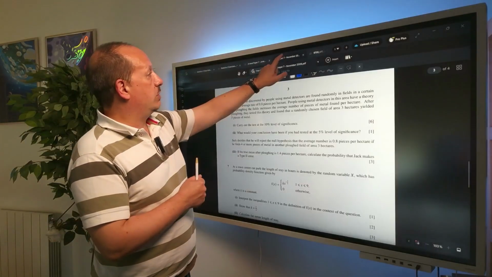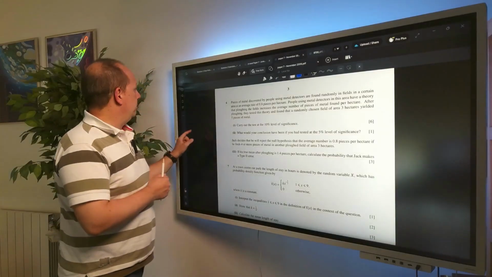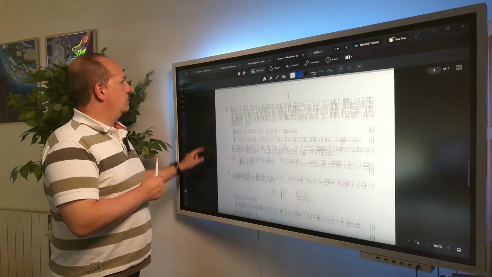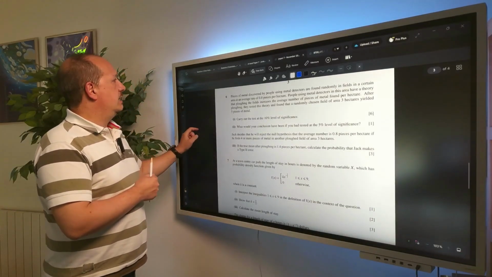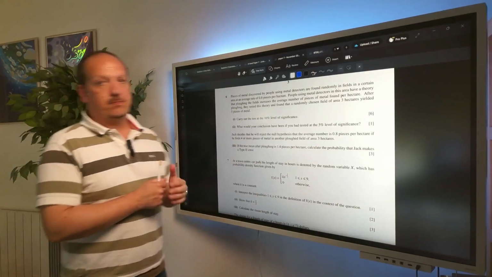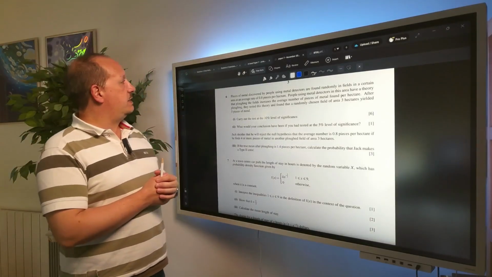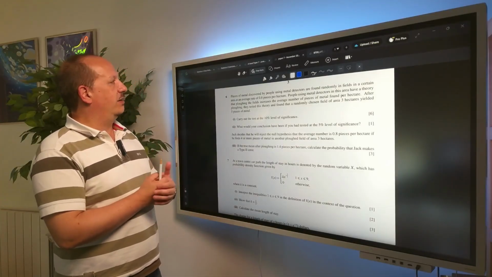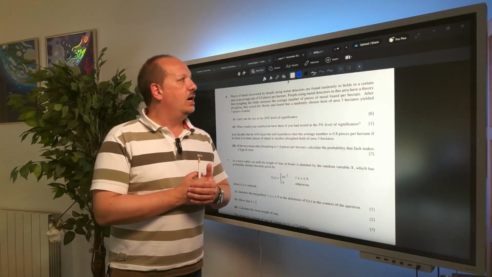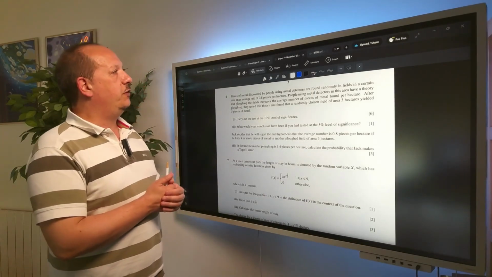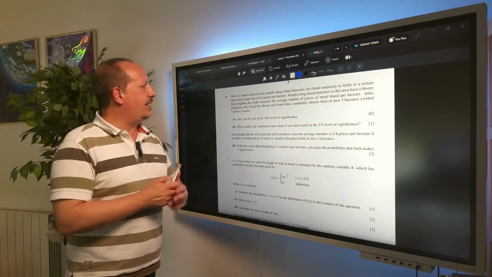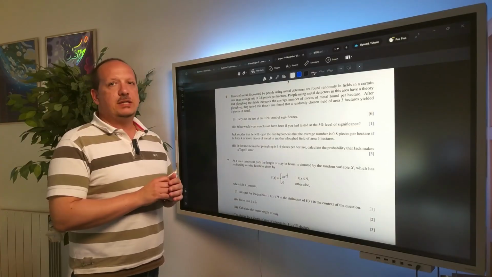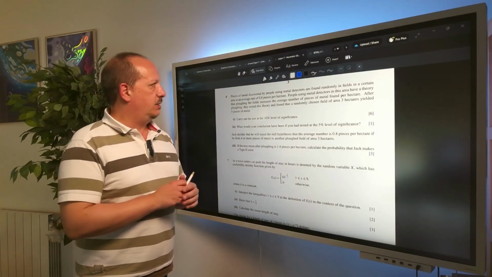The next question is a Paper 7 from winter 2006, and it's question 6. It says, pieces of metal discovered by people using metal detectors are found randomly in fields in a certain area at an average rate of 0.8 pieces per hectare.